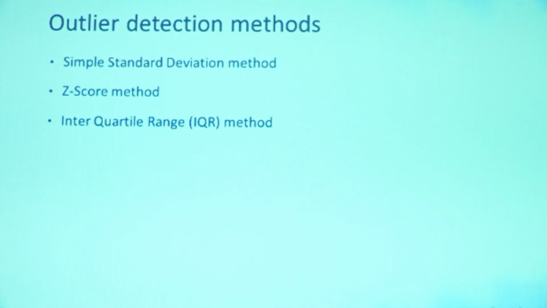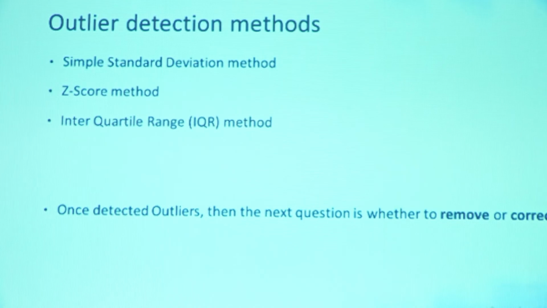So another one, I told you why are we studying statistics, standard deviation? To detect your outliers. Standard deviation method, there are certain formulas which you must remember for this. I'll tell you that. Z-score method and interquartile range method. These three methods, any one method you can pick up and detect your outlier. Okay?